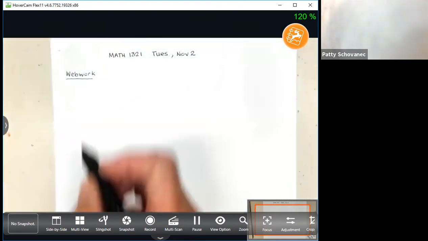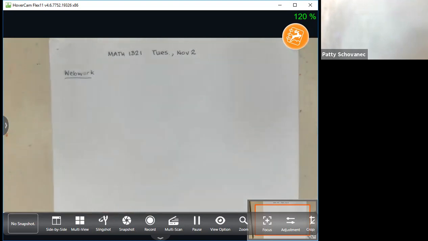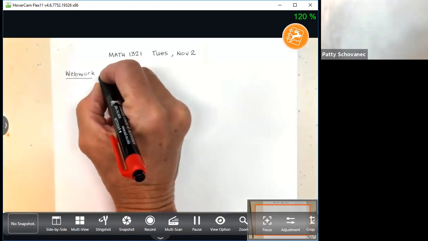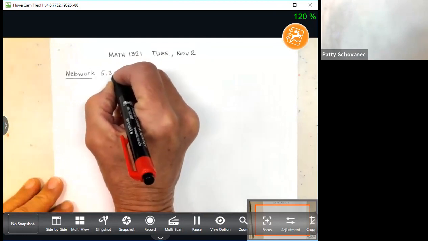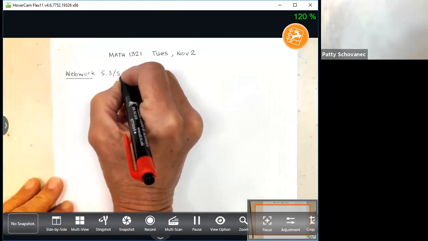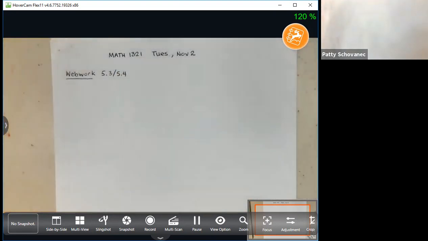Is this the WebWork from sections 5.3 and 5.4? Got it?